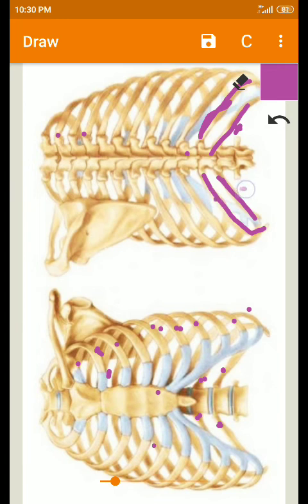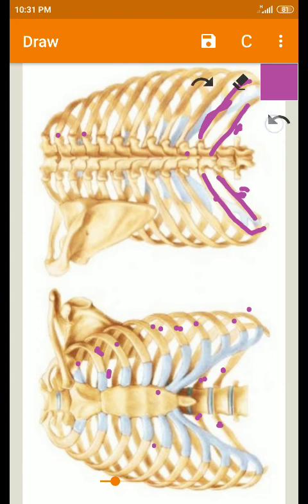These 2 ribs are called vertebral ribs. They don't have any connection with the cartilages or sternum; they only have a connection with the vertebrae. These 2 ribs are also called floating ribs, and since they are not connected with the sternum anyway, they are also considered false ribs because they do not articulate with the sternum.